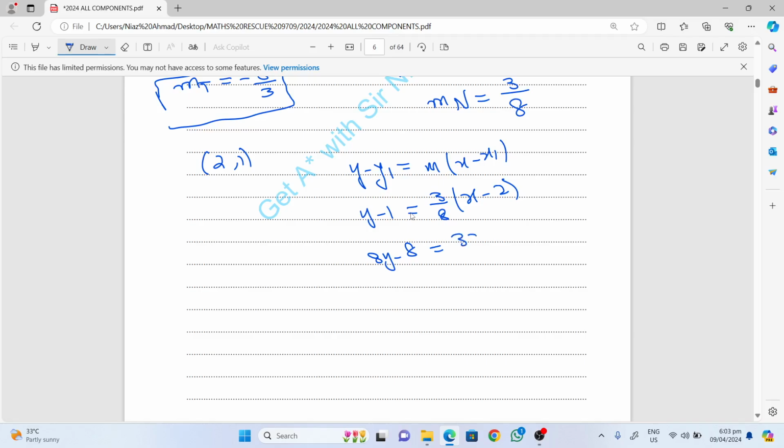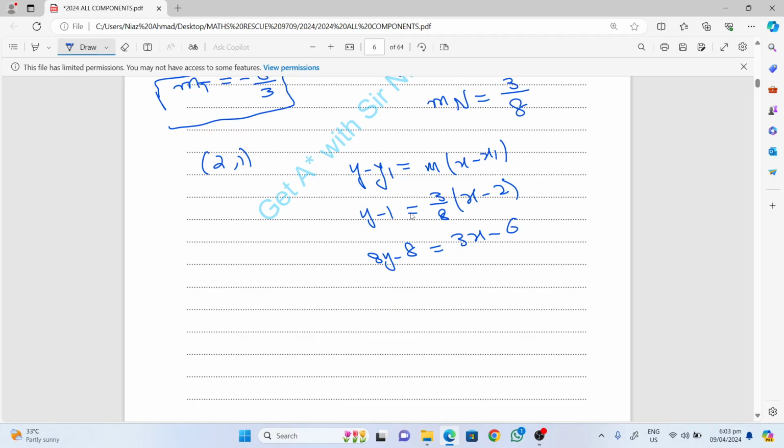minus 8 equals 3x by 8. We are multiplying, that is 3x, and 3 times 2 is 6. So make your y the subject.